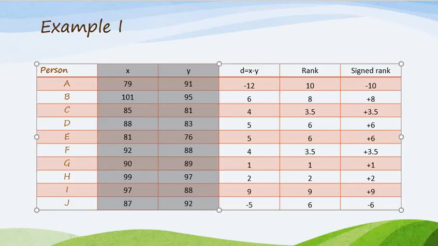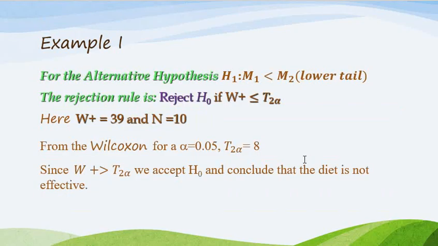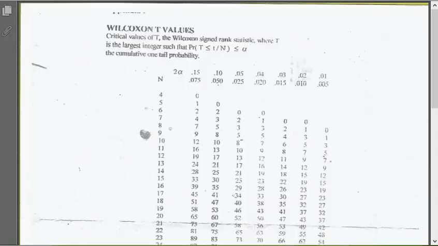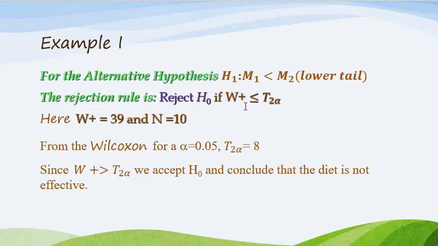Here W plus is 39 and n equal to 10, there is no 0, so 10 observations are there. From the Wilcoxon table, corresponding to n equal to 10, T2 alpha is 8. The statistic is W plus less than or equal to T2 alpha, then we reject, otherwise we accept.